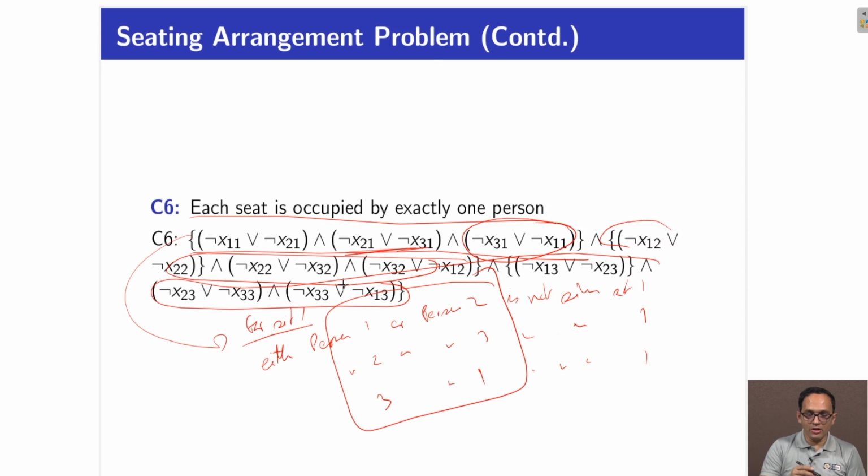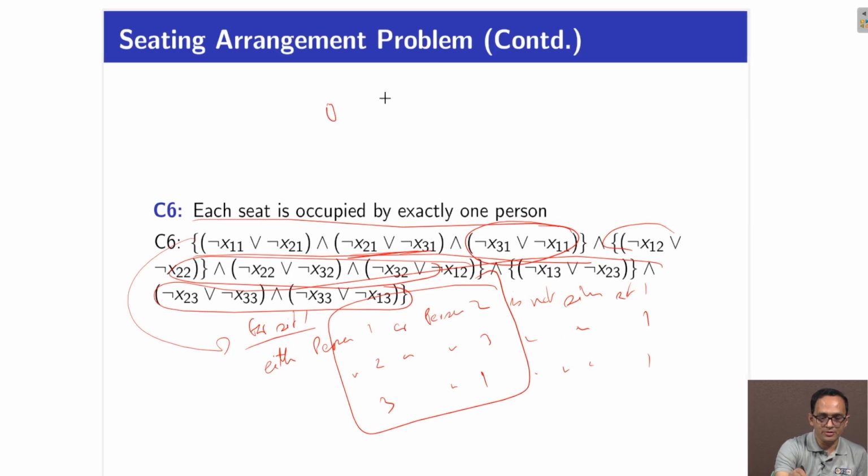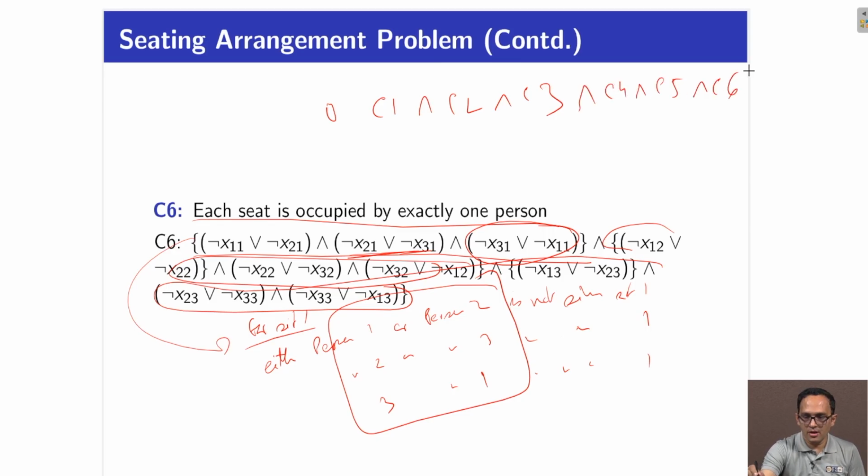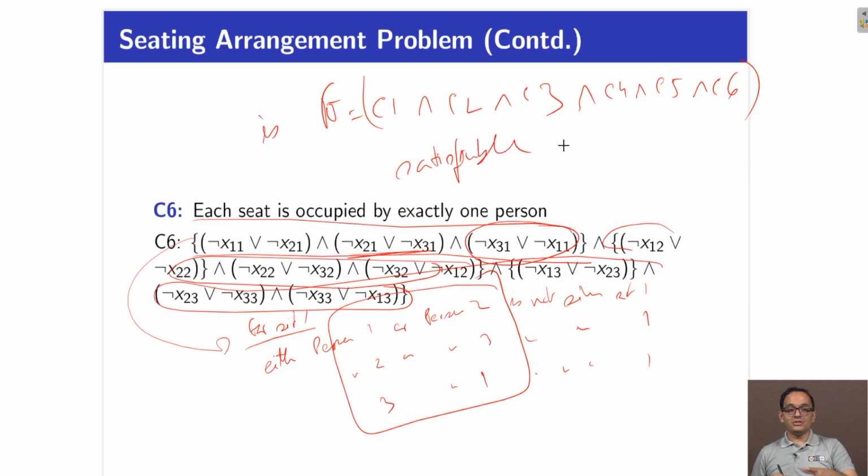So now what you have to do is check the satisfiability of C1, C2 and C3, the initial constraints, and then the 3 more constraints, C4, C5 and C6. This is my formula, right? So I have to check whether this formula F is satisfiable. Because there are 9 variables, there are 2 to the power 9 possibilities, right? 2 to the power 9 is 512.